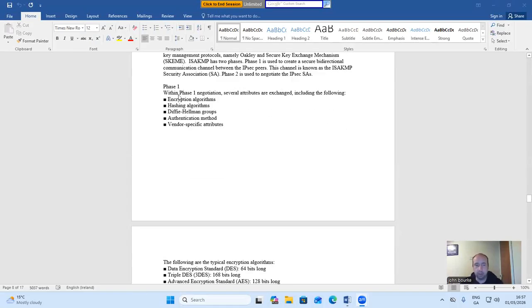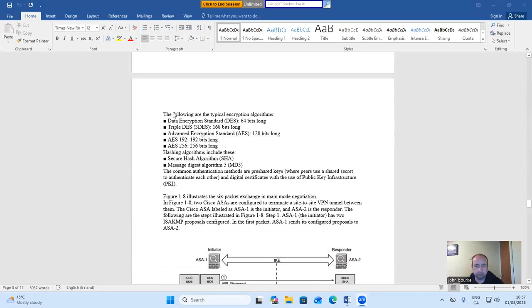Phase 1. Within Phase 1 negotiation, several attributes are exchanged, including the following: encryption algorithms, hashing algorithms, Diffie-Hellman groups, authentication method, vendor-specific attributes.